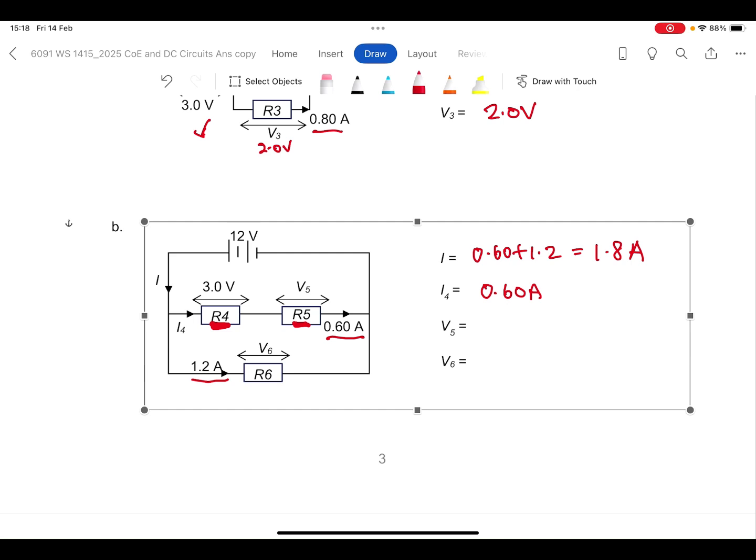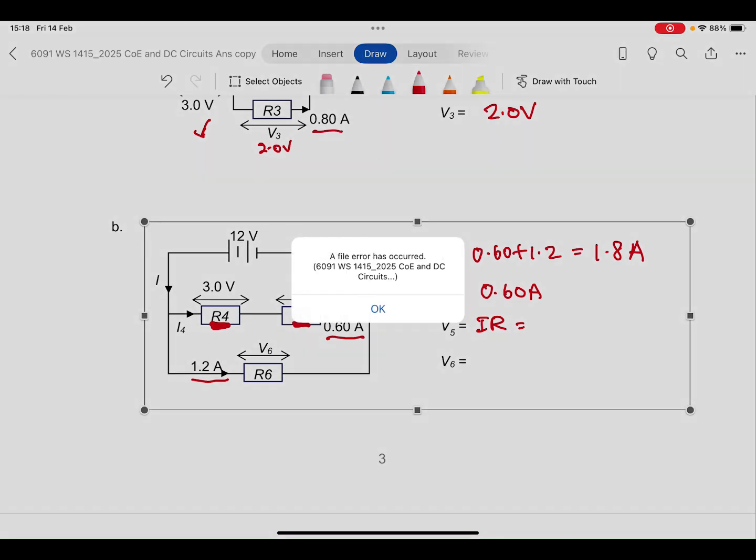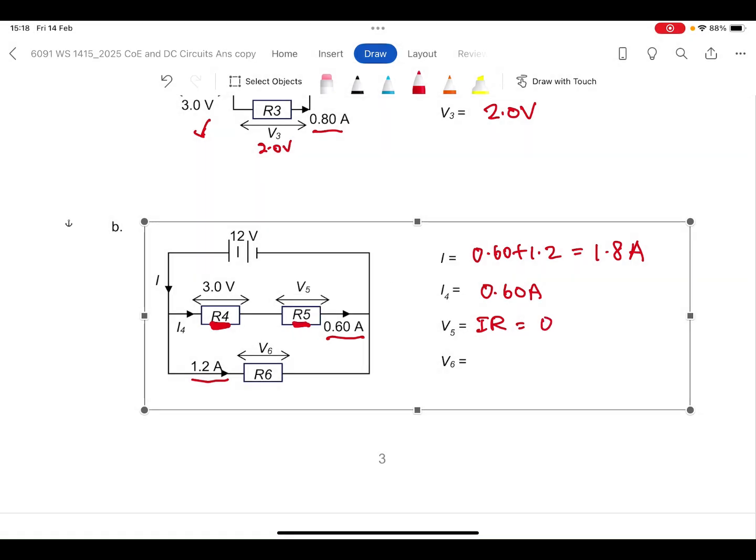Then for V5, you need to find the current flowing across it. V equals IR. The current is 0.6 amperes. And the resistance of R5, do we know that? Oh, we don't know that. So we can't do it this way. My apologies.